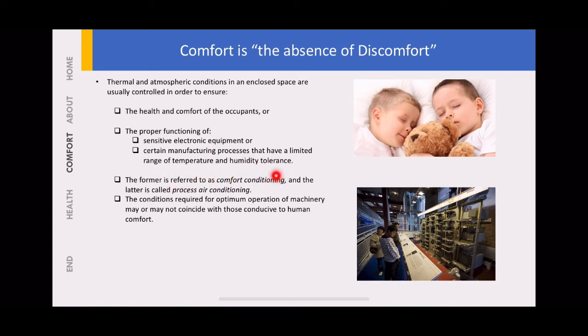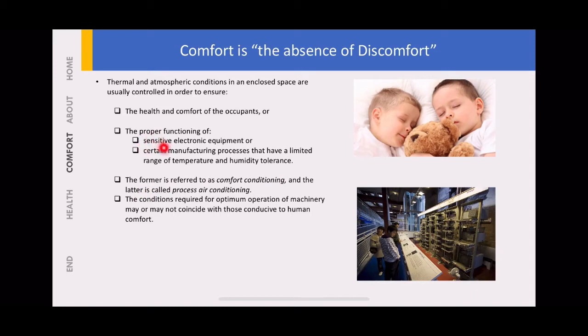That means sometimes not just people are going to sit in that room, sometimes you will have sensitive electrical equipment, maybe a high-grade computing workstation, so on and so forth. And we want that place to have a certain temperature and humidity, and the tolerance is very small. So this is another aspect of indoor environmental quality.